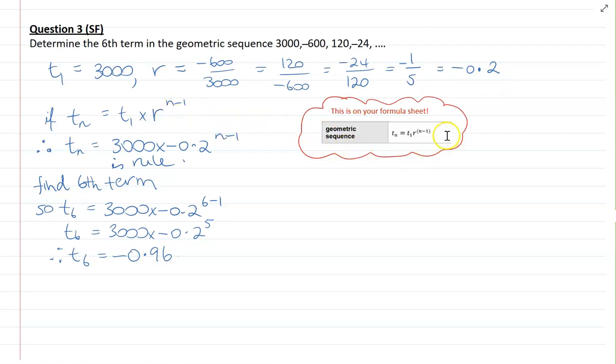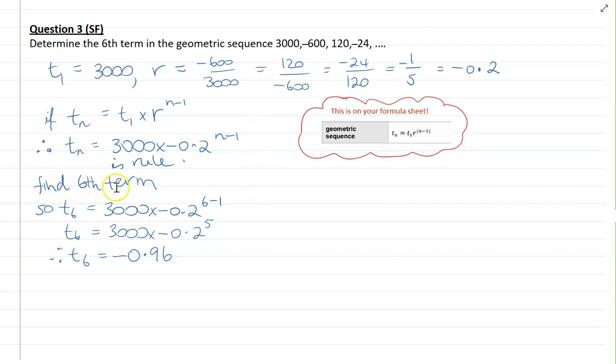Using the formula sheet rule for a geometric sequence, subbing those values in, your rule should be 3000 times (-0.2) to the power of n-1. Now, it's super important, remember you cannot combine the 3000 times -0.2 to the power of n-1. I see that mistake all the time, and you just can't do it.